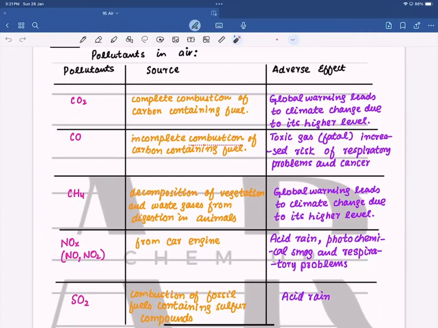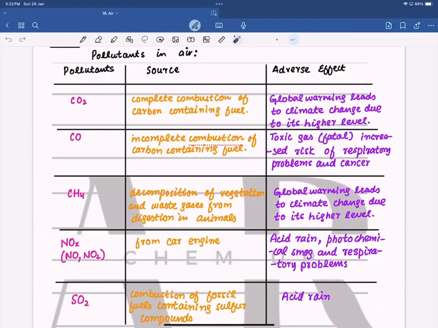If there is no greenhouse gas in our atmosphere, then the average temperature of the earth is going to be minus 19 degrees Celsius, instead of the present 25 degrees Celsius. So if carbon dioxide's level remains within a certain limit, then it is not a pollutant. Otherwise, it becomes a pollutant.